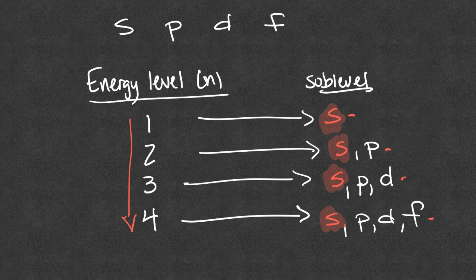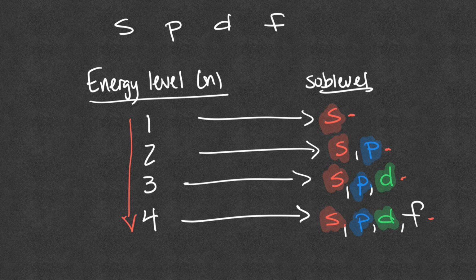For the first time in the second energy level, you have sublevel P, and you find it also in the third, fourth, and so on. For the first time in the third energy level, we have sublevel D, which also shows up in energy level 4. And for the first time in the 4th energy level, we have sublevel F.